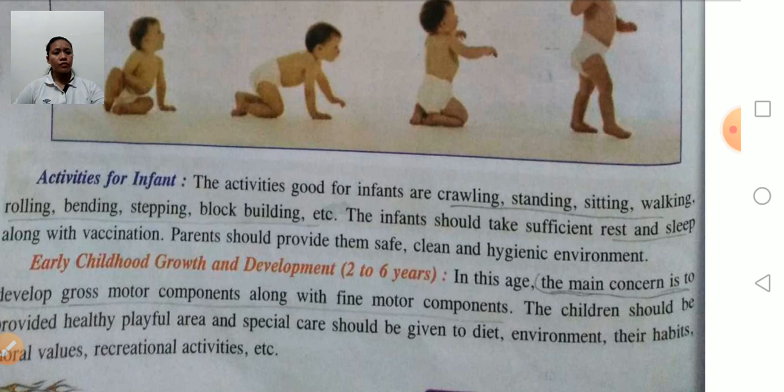Activities good for infants are crawling, standing, sitting, walking, rolling, bending, stepping, block building, etc. Infants should take sufficient rest and sleep, along with proper vaccination so that there will be no disease or infection.